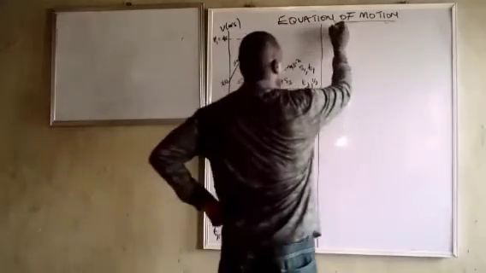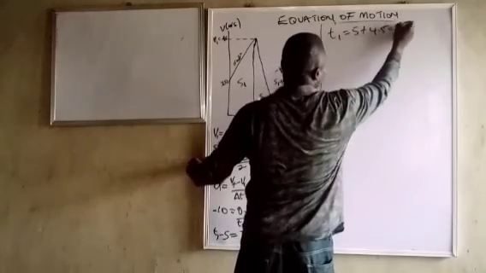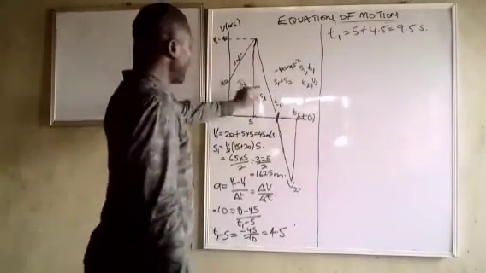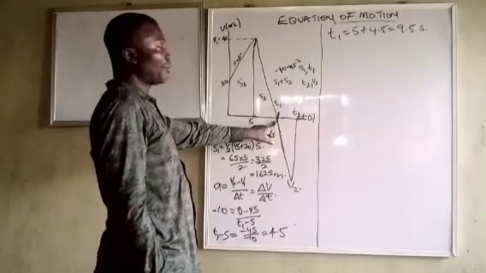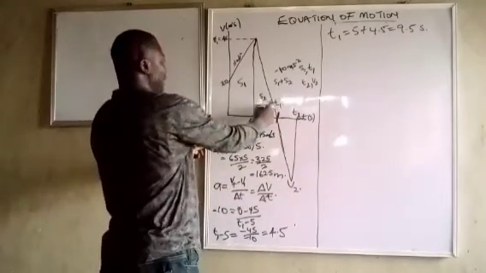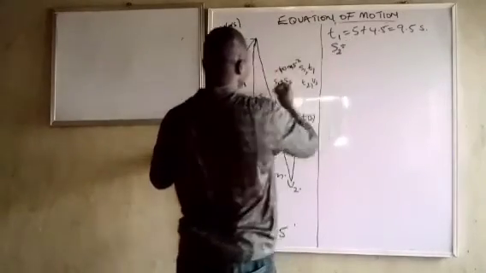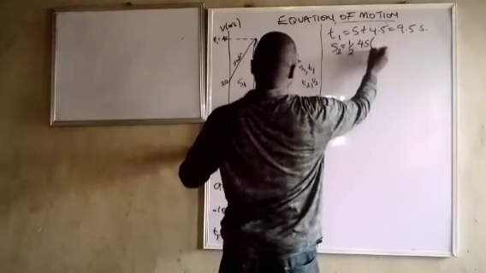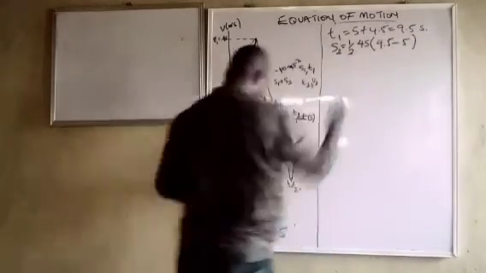So T1 equals 5 plus 4.5. That is 9.5 seconds. But from here, we already know that it got to this place after 4.5 seconds. We can easily work with that now. So the area of this place now is S2. Let's find S2. S2 will be equal to half into 45 into 9.5 minus 5 from this place.